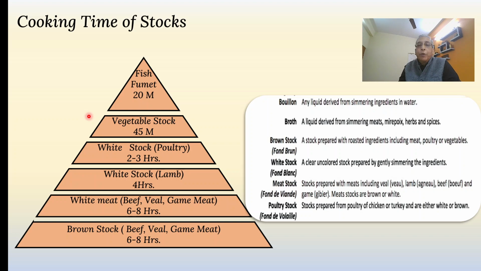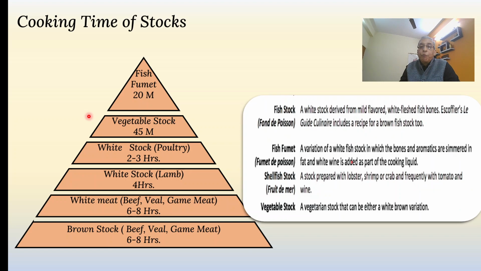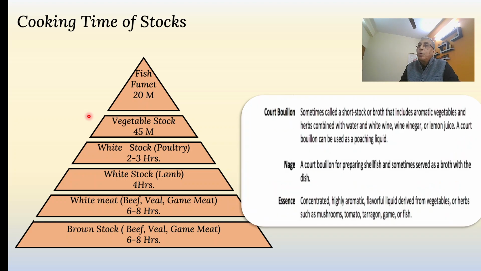Now here we can see a few terms: bouillon, broth, brown stock, white stock, meat stock, poultry stock, fish fumet, shellfish stock, vegetable stock. These are the varieties of stock made in the kitchen. Court bouillon, already we have mentioned, that is a poaching liquid for the fish. Nage also we have mentioned, it is similar to court bouillon but associated with only shellfish.